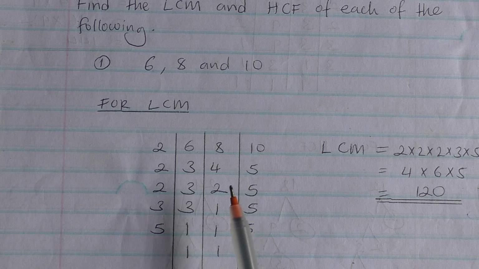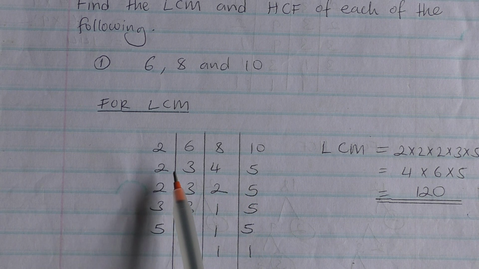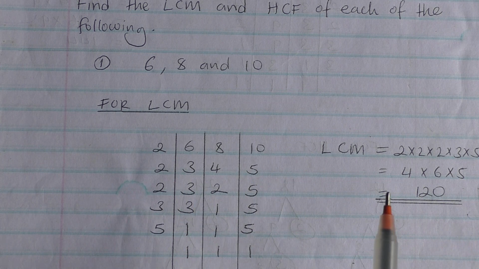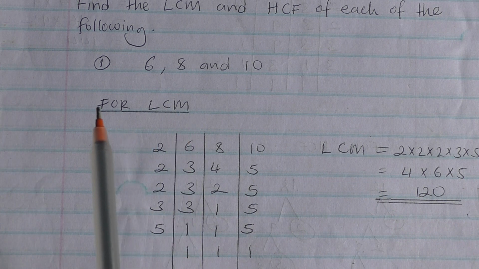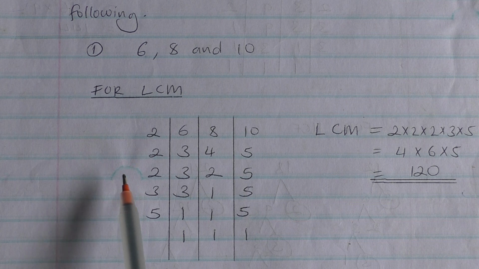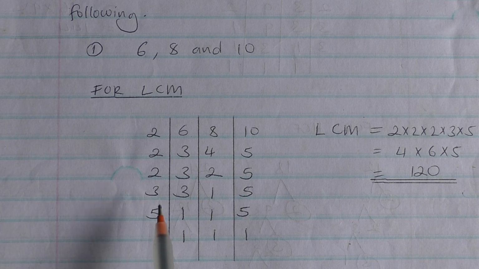So when we are decomposing these numbers, we use their prime factors, those factors that have no other factors apart from 1 and themselves. That's why we use 2, 3, because these have no other factors apart from 1 and themselves. So they are the factors we use to decompose these given numbers.